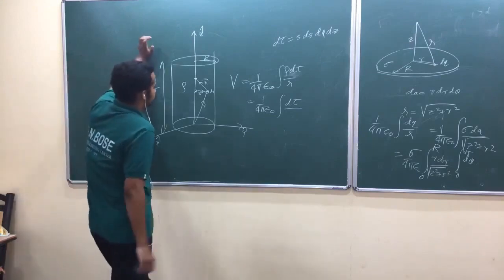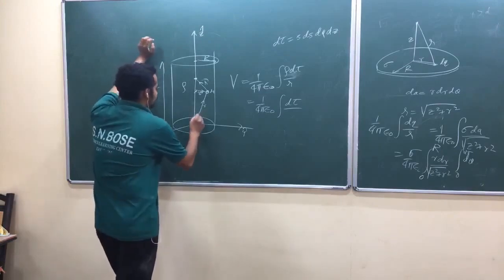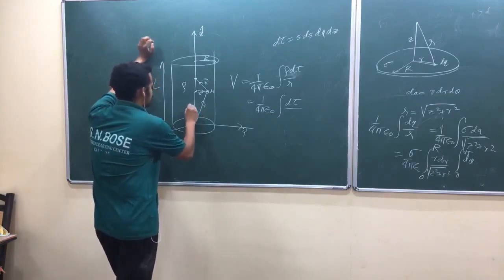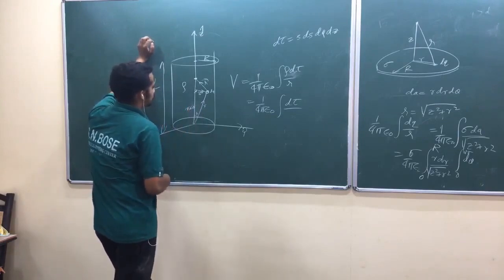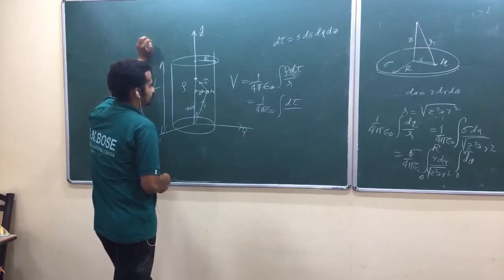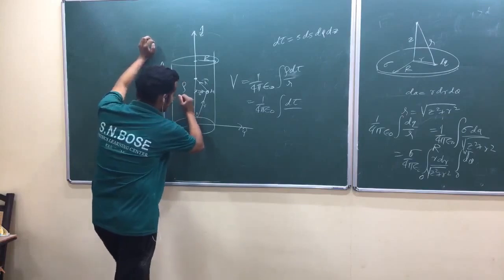Again, wait a second. This is R cos theta. No, we should not take spherical polar coordinates.